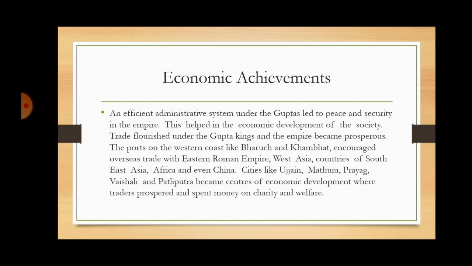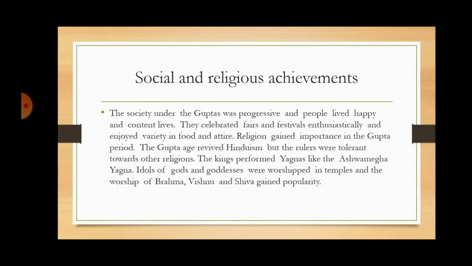Cities like Ujjain, Mathura, Prayag, Vaishali and Pataliputra became centers of economic development where traders prospered and spent money on charity and welfare. Social and religious achievements. So the society in the Guptas was progressive and people lived happy and content lives.